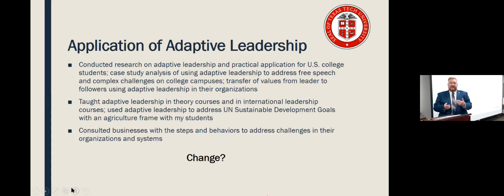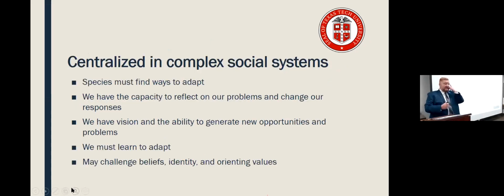And so when we think about change, adaptive leadership was founded on the idea that complex social systems are very difficult to navigate and to maneuver. And so when we think about this, we all process change differently. We all process adaptation differently.